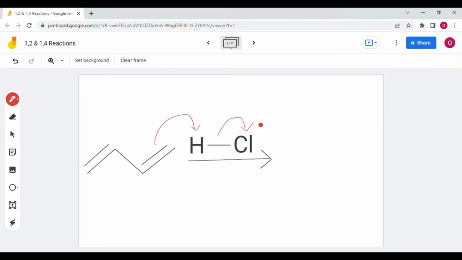And we know that the chlorine is going to come off, thus giving us an intermediate that looks like this, right? Keep in mind that this hydrogen was added here, and that there's also a positive carbocation here, and now we just have chlorine minus in the solution.